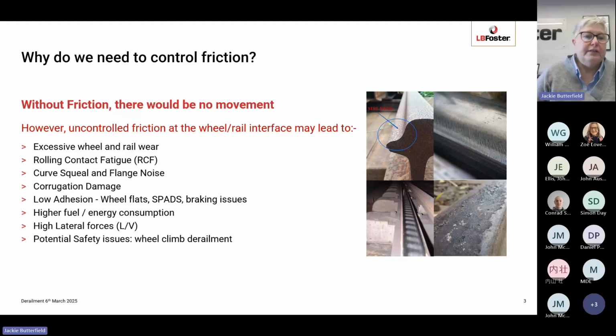All of these we've covered in previous webinars. Now we're going to look at the last item on the list, which is wheel climb derailment. We'll also be touching on lateral forces, which obviously play a part in some of the mechanisms of vehicle derailment.